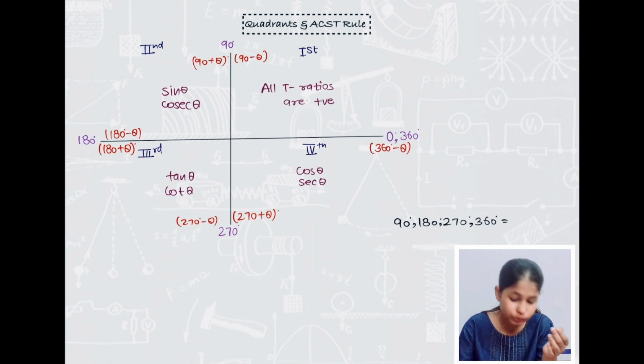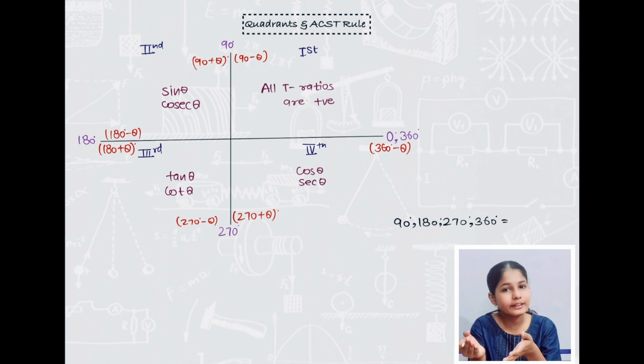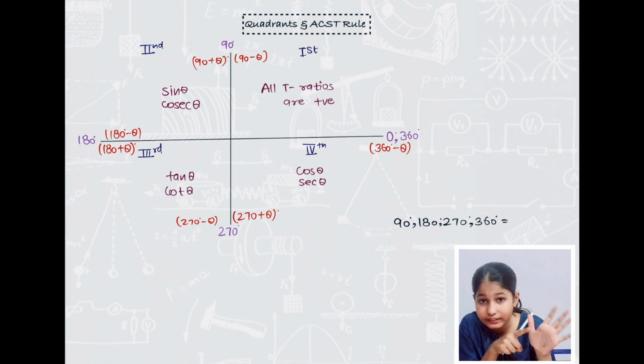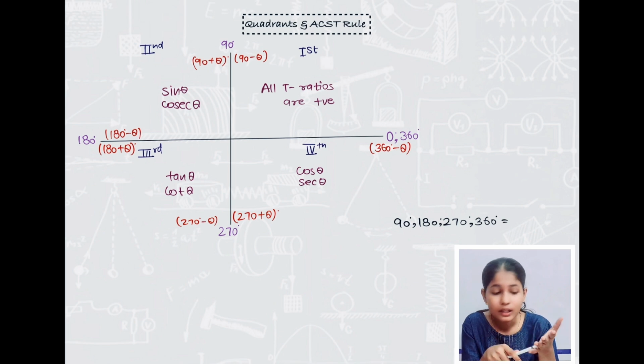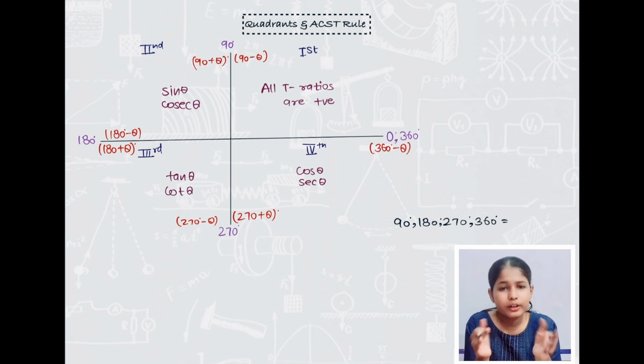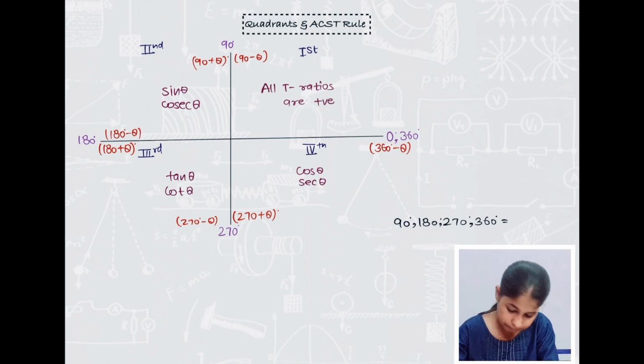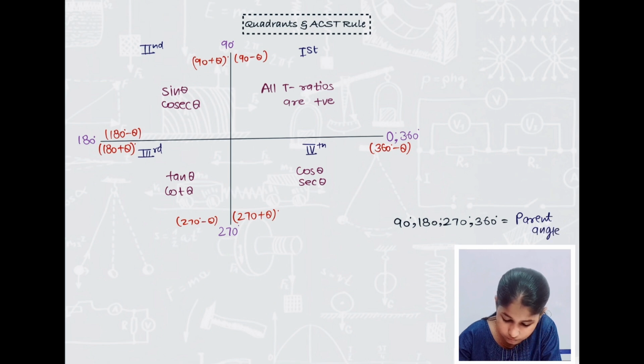We are not using 46 degree or 126 degree. We are only using 0 degree, 90 degree, 180 degree, 270 degree, and 360 degree. All these angles will be our parent angle. Our parent angle, you can highlight it.